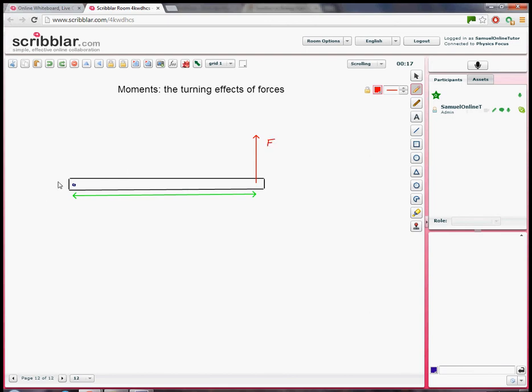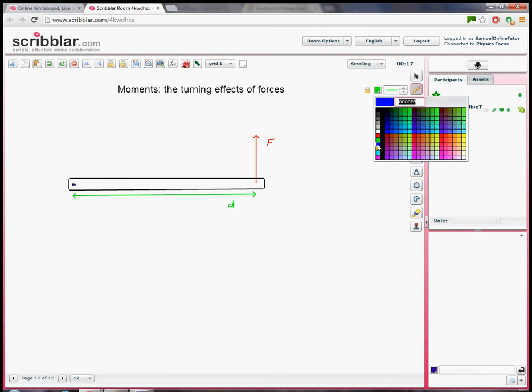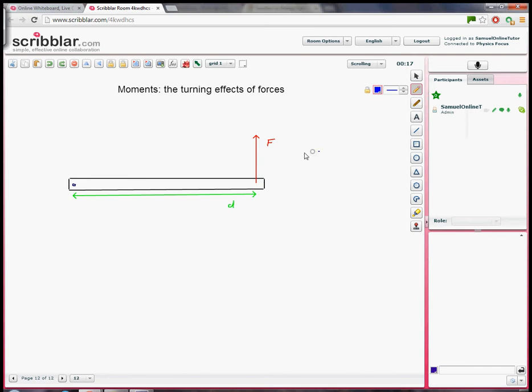It's hinged over here on the left, and I'm pulling on the gate with a force F. This distance here from the hinge to the point where I'm applying the force is D. The formula for working out the turning effect is very simple. The moment equals force times distance. However, there's one important thing to note here.